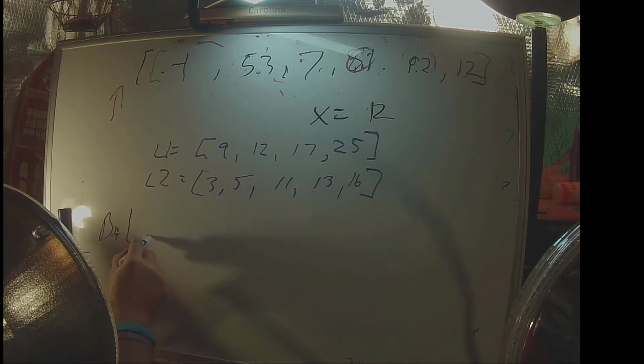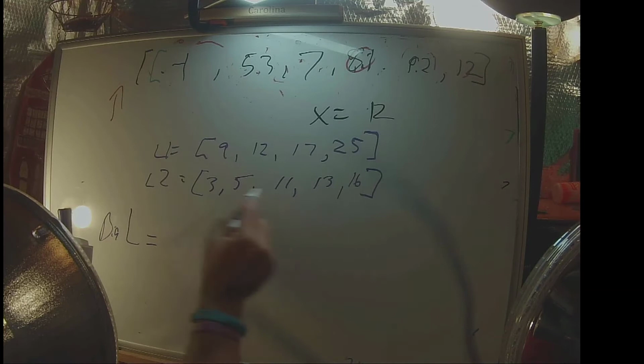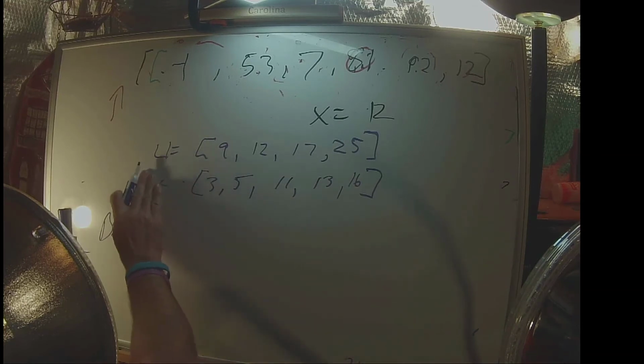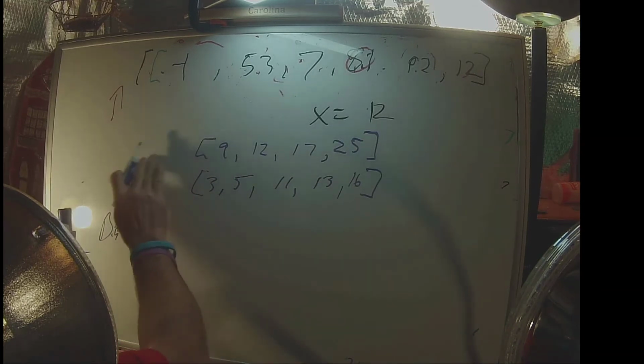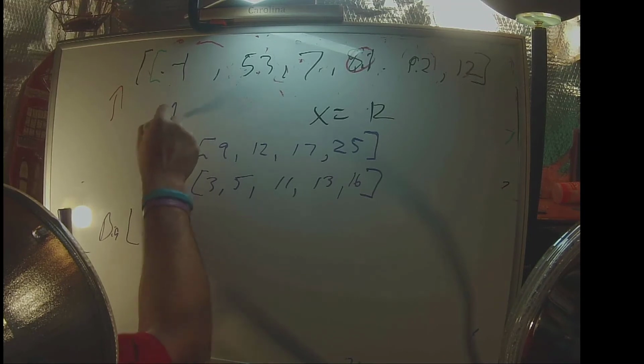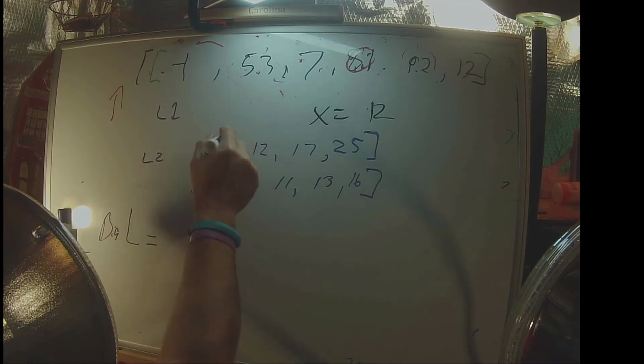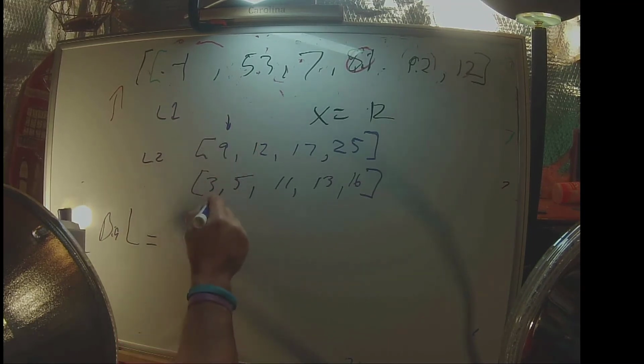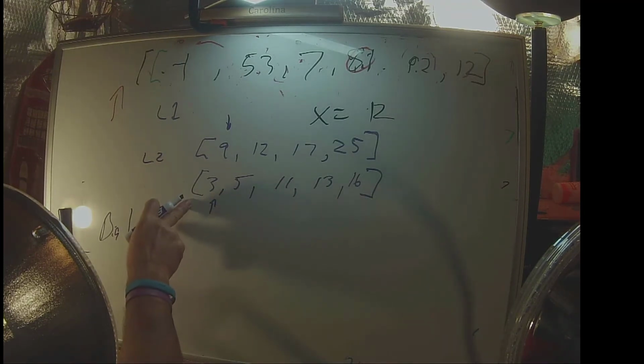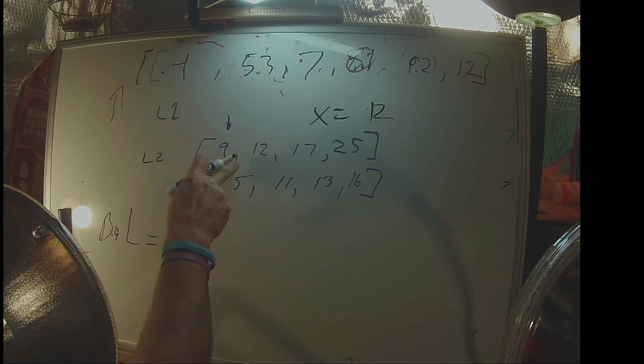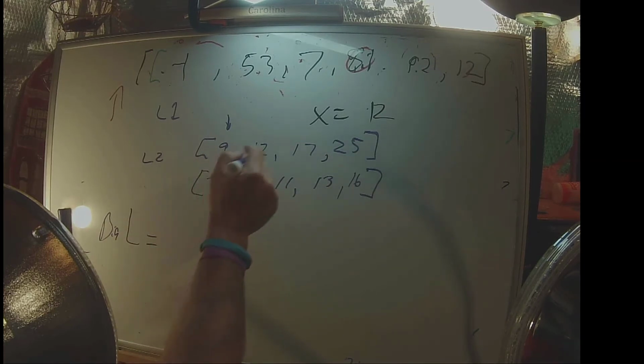So let's see how to do that. Well, we know that these are in sorted order. So if we want big L to be in sorted order, we know that the smallest value in L2 has to be at the front of L2, and the smallest value of L1 has to be at the front of L1.